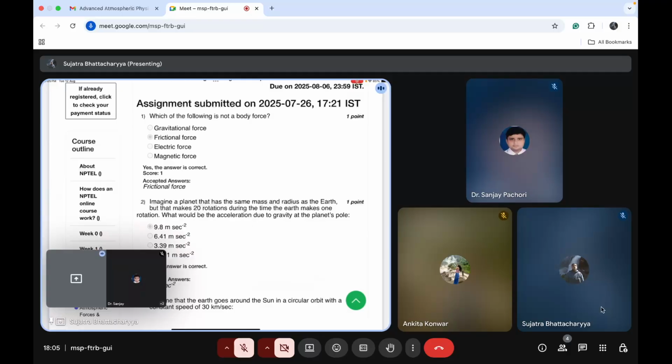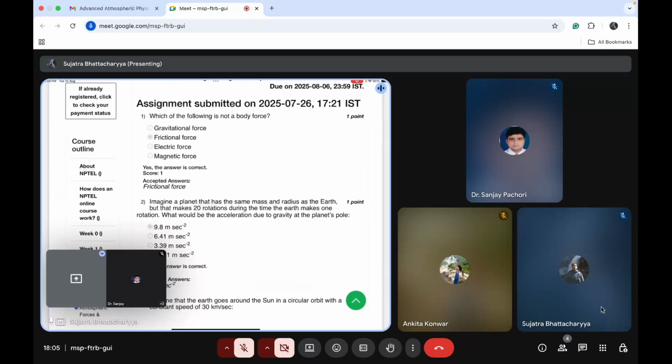So that categorization is made. Second, we have categorized the forces on the basis of the frames of reference, whether inertial or non-inertial frame of reference. In that way also we have categorized the dynamic forces.